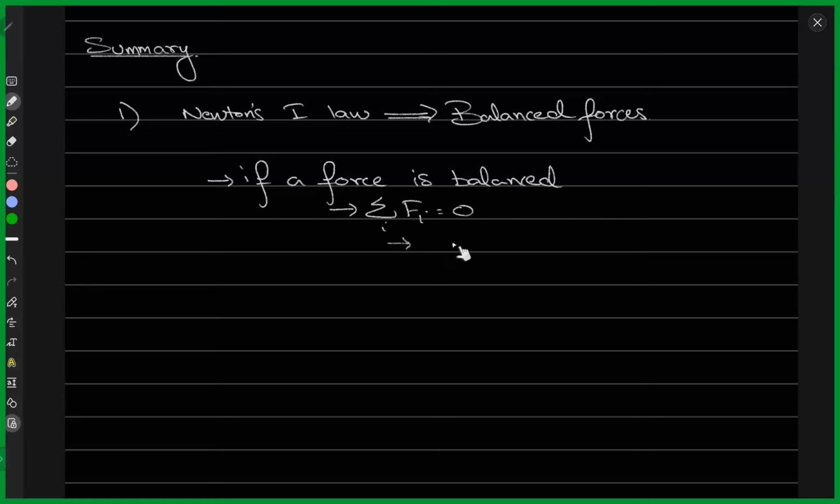That implies that the acceleration of the entire system is also 0. If the acceleration is 0, the object will remain in motion with constant velocity, right?